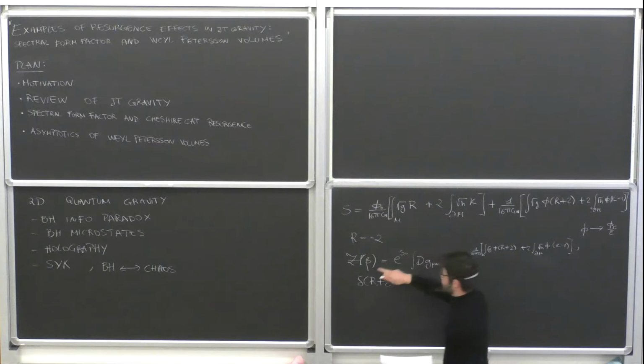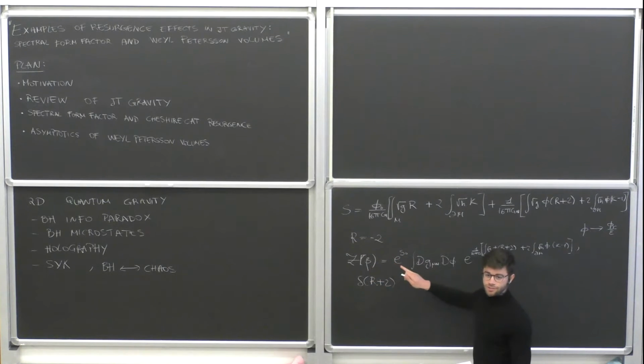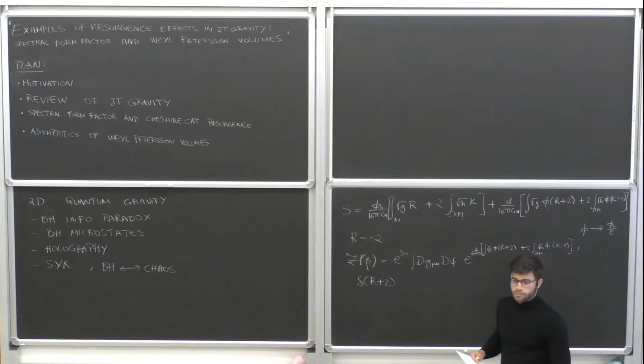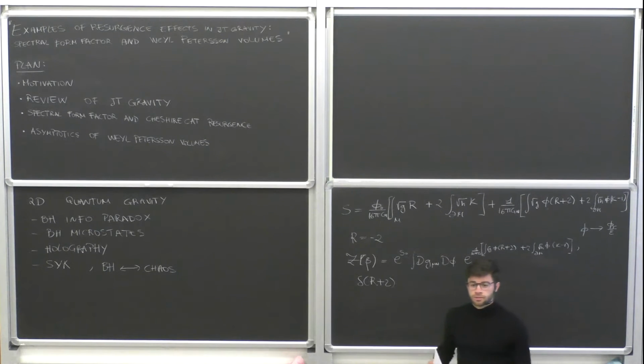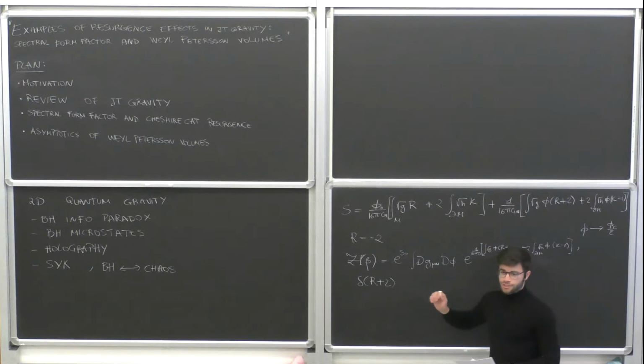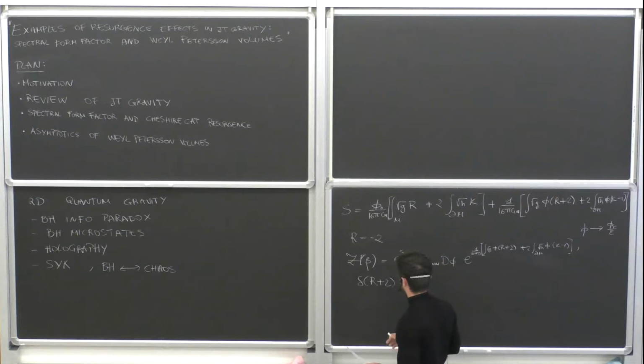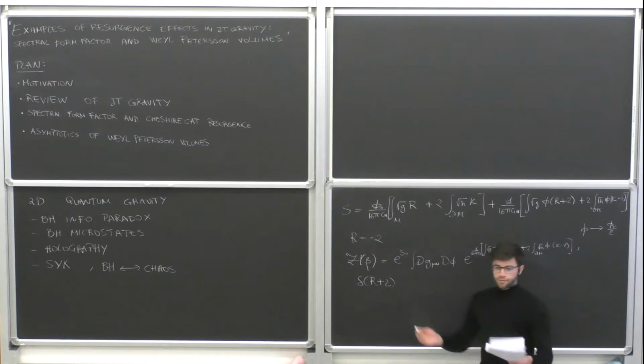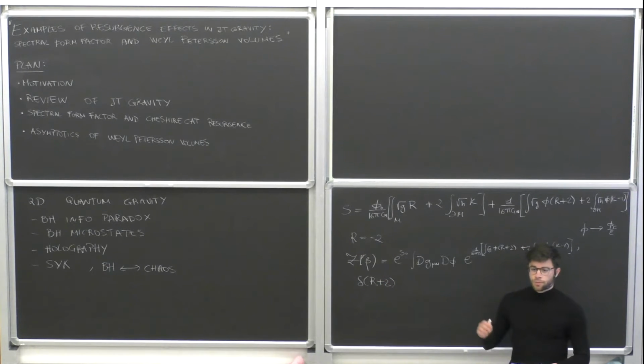Okay, and the Euler characteristic of the disk is 1, so it's S0 times 1. I forgot to mention that here I'm just considering the disk contribution. So basically I'm considering a manifold with a boundary but with no holes. We will see in a moment that we actually need to include other topologies.